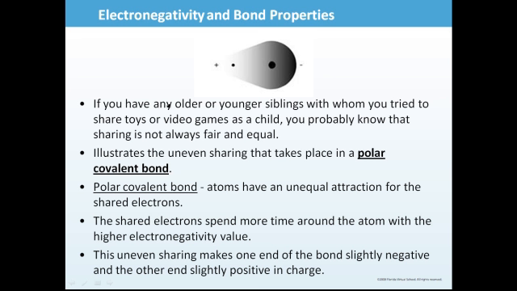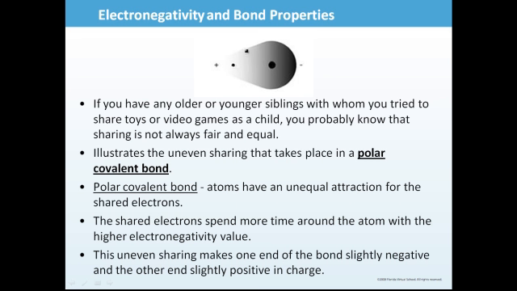If you look at the picture up here on the top, this is just an illustration showing what we were just talking about. We have two atoms. That's the dot on the left and the dot on the right. Now the one on the right, we drew a little bit bigger to represent that it has a larger electronegativity, so it has more attraction for the electrons. But it's not strong enough compared to the other atom to completely take the electrons.